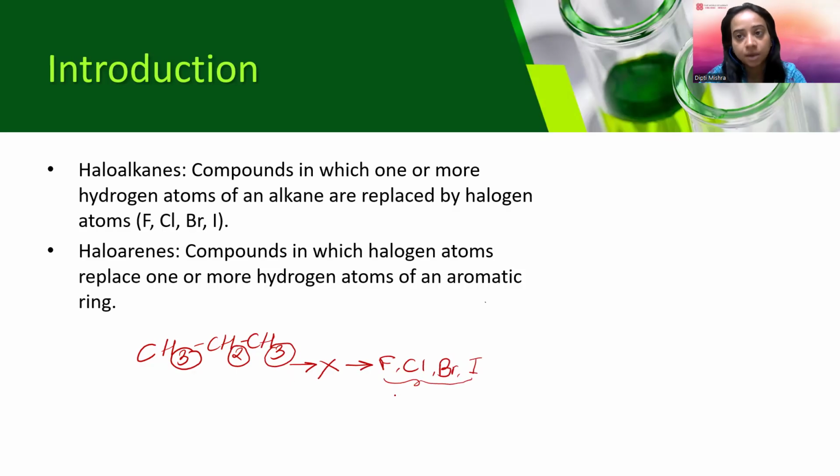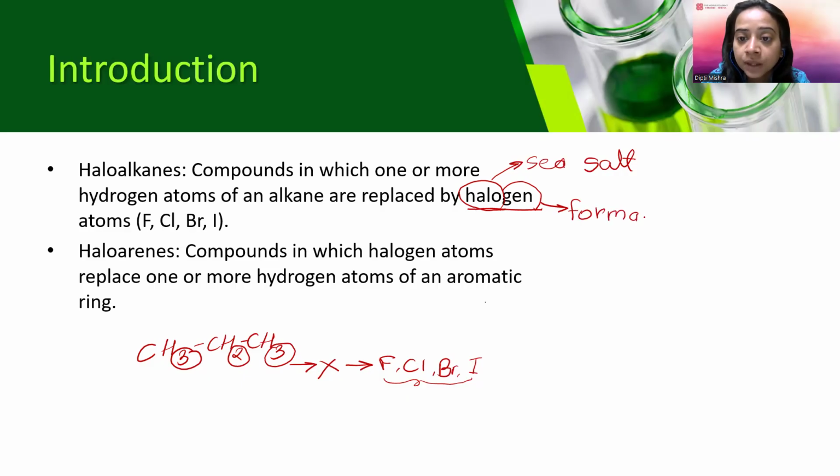Here, I want to tell you why fluorine, chlorine, bromine, and iodine are known as halogens. Basically, this word halogen is made up of two words, halo and gen. Halo means sea salt, and gen means formation.